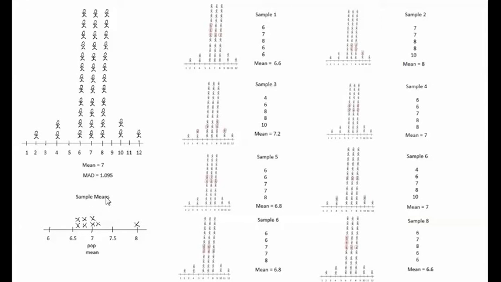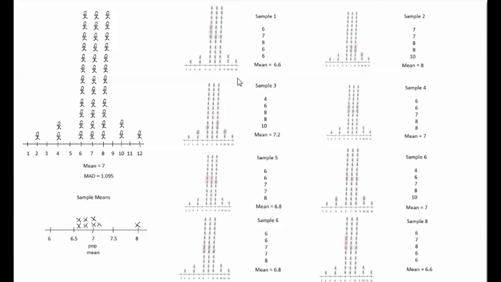Now let's look at the mean absolute deviation of each of the samples. Let's look at what happens when you use the sample mean absolute deviation to estimate the population mean absolute deviation. Let's start by looking at the mean absolute deviation of my first sample. To get it, we would subtract each of these data values in the sample by the sample mean of 6.6.